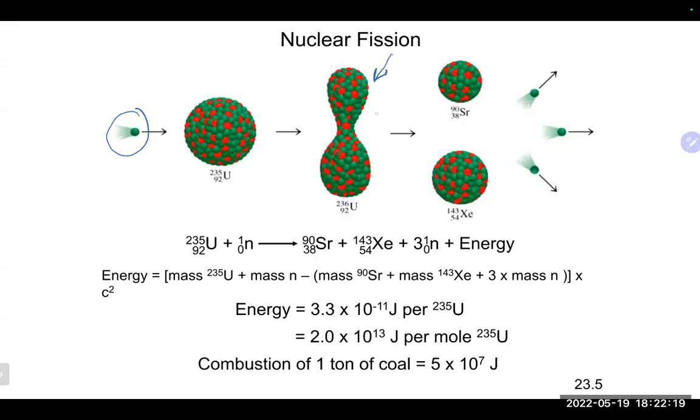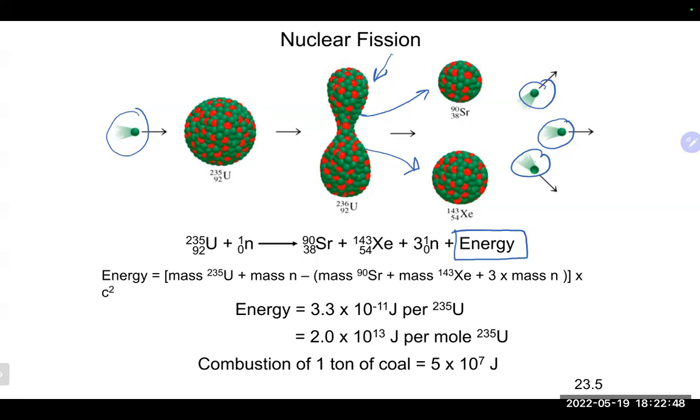This uranium will be unstable, so it's going to split into two new nuclei. That's commonly what you get when you have a fission reaction. More importantly, it will also produce several neutrons in this process, and not to mention a lot of energy as well. As I mentioned earlier, this is the reaction that's used in a nuclear power plant to help generate power.